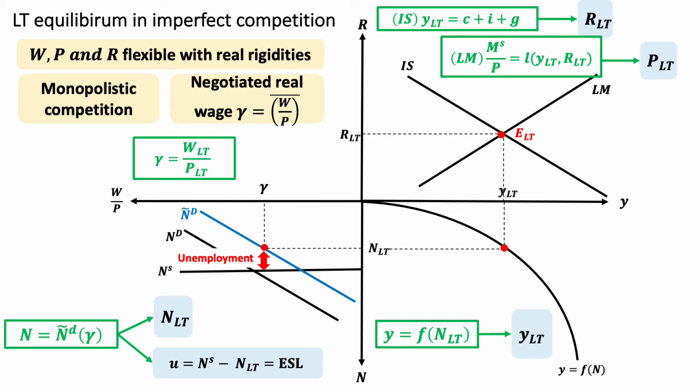The nominal wage is then calculated using P star into the expression of the real wage gamma.